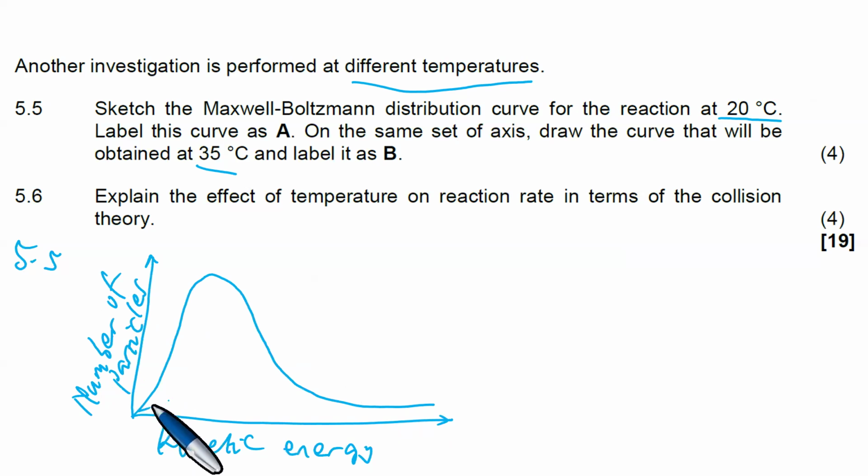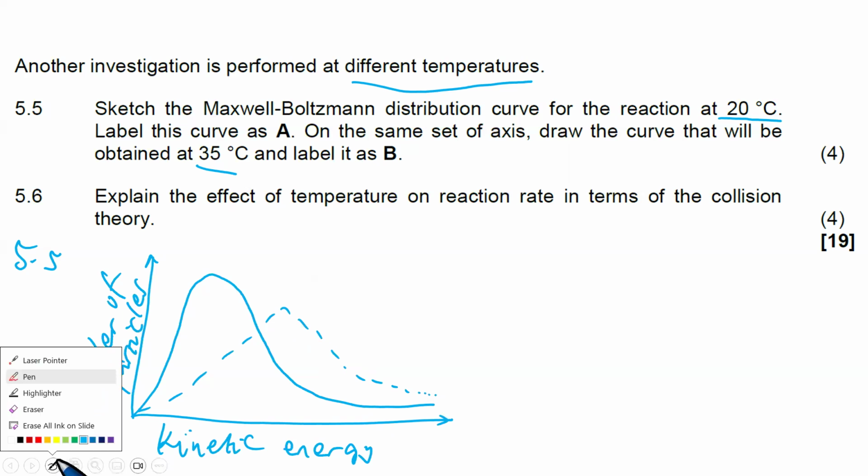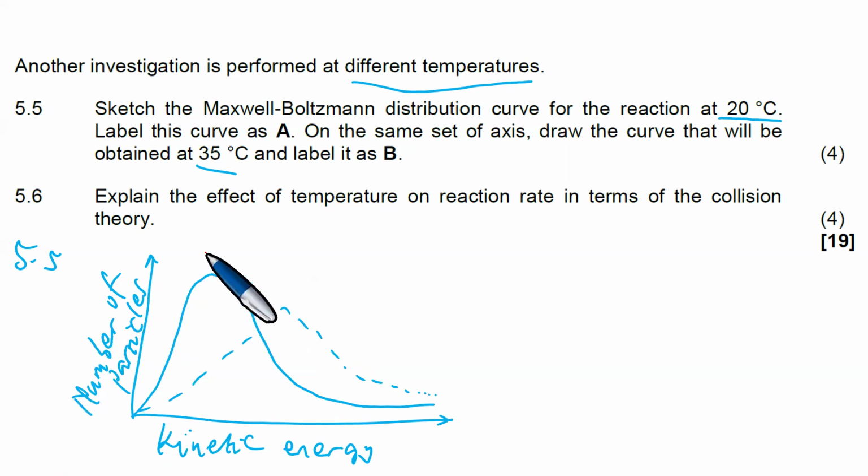And then you'd have this one. Okay. Kinetic energy and then the number of the particles. You'd have A, B.